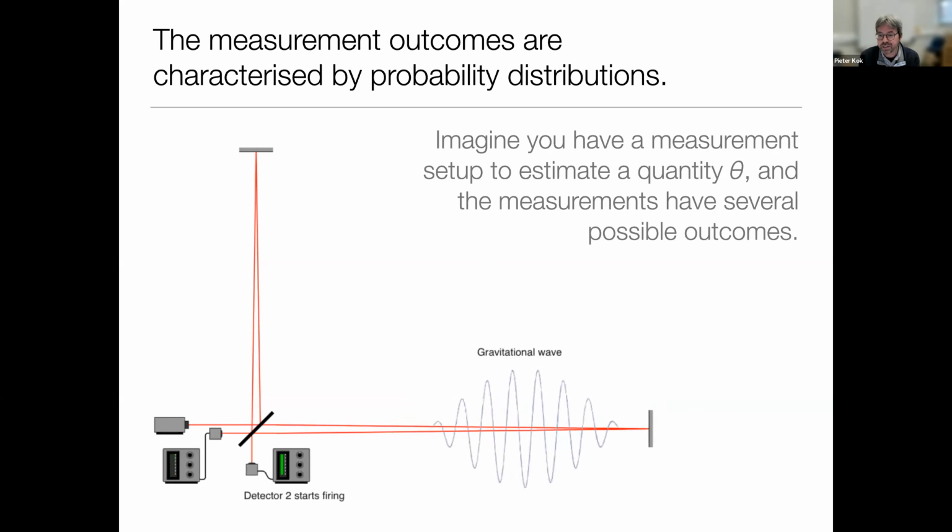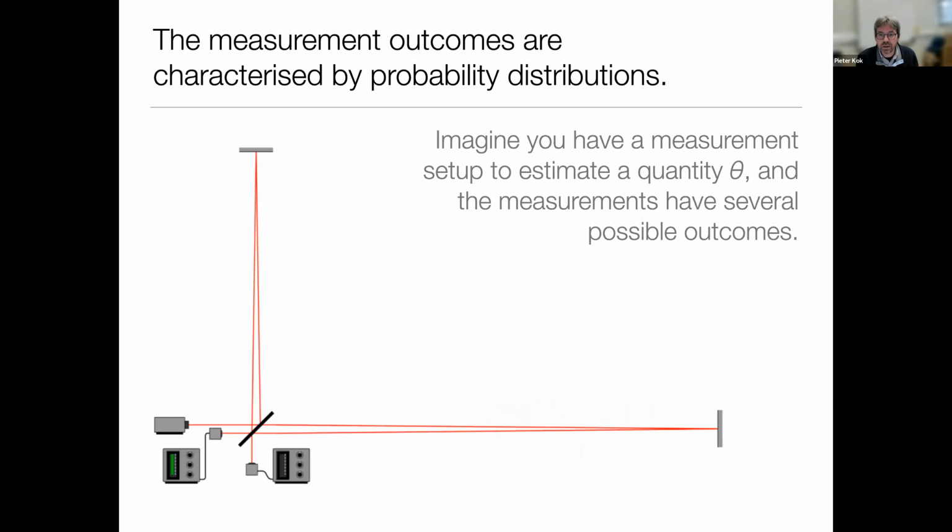And when the gravitational wave changes the path length of one of the arms, then you see that detector 2 starts firing.